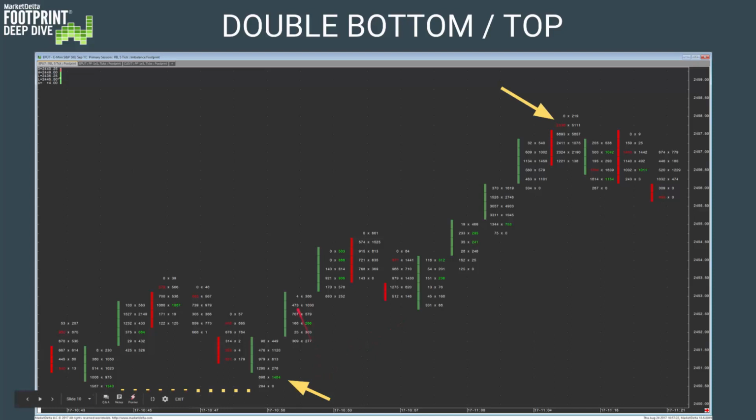So let me just ask you a question. What is the pattern? What's the setup or pattern? Well, it's a double bottom, right? Or close enough, real close, within one tick. What is the order flow tool that we're looking at? It's the imbalance trigger.